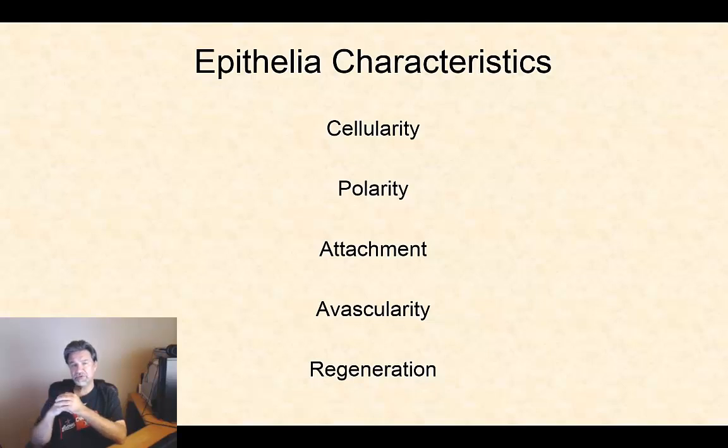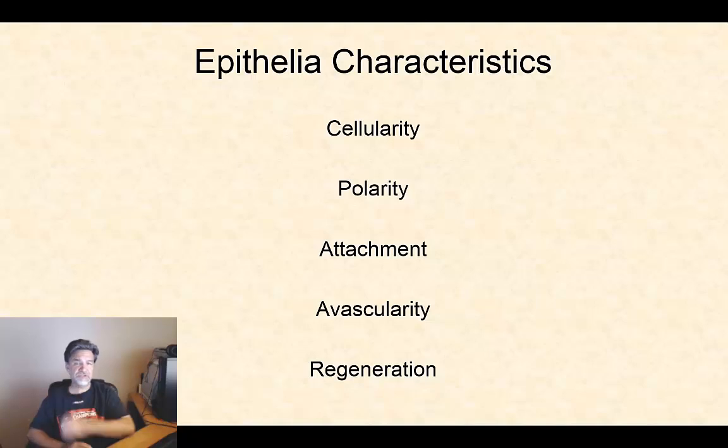What few exceptions there are, we'll be sure to specifically mention those. So as that relates to the attachment aspect, this is the notion that the basal layer is attached to the basement membrane. One note here is that the basement membrane is also known as the basal lamina.